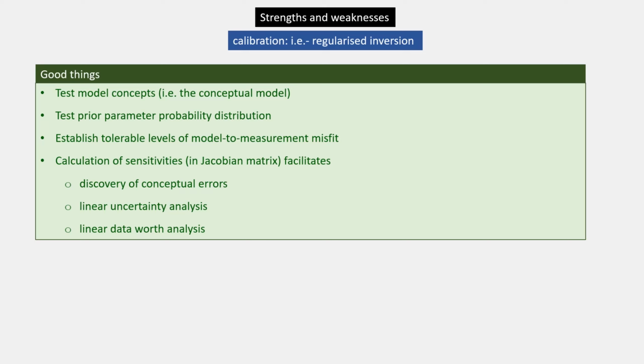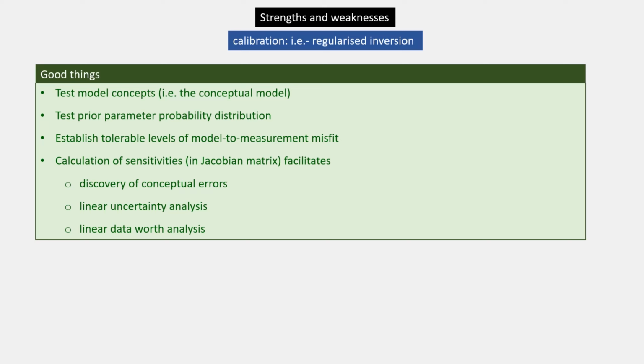And to help with this process, normally when we calibrate a model, we calculate a Jacobian matrix that gives us sensitivities. And sensitivities, what model output is sensitive to what parameter, can often help us resolve why I can't fit two different aspects of the data at the same time. So the sensitivities are a lovely little byproduct of the calibration process.